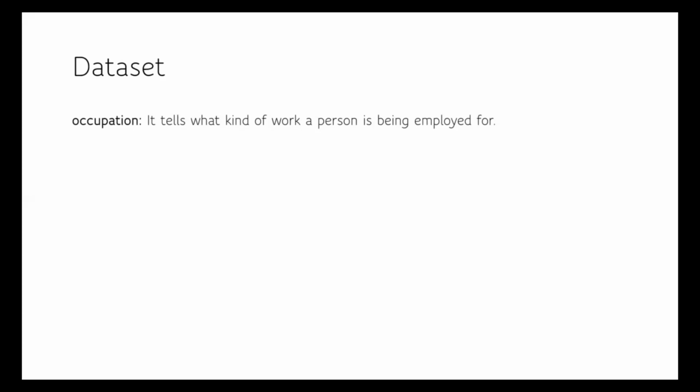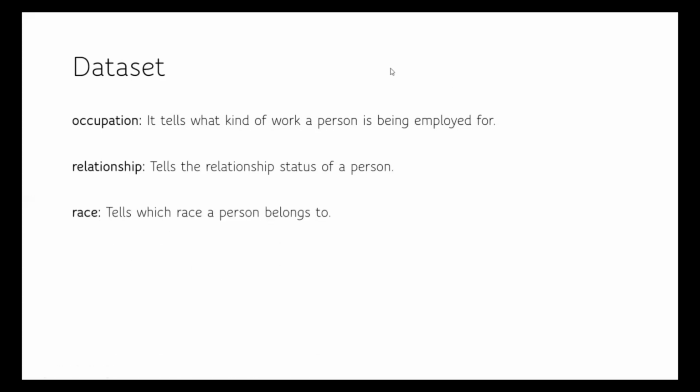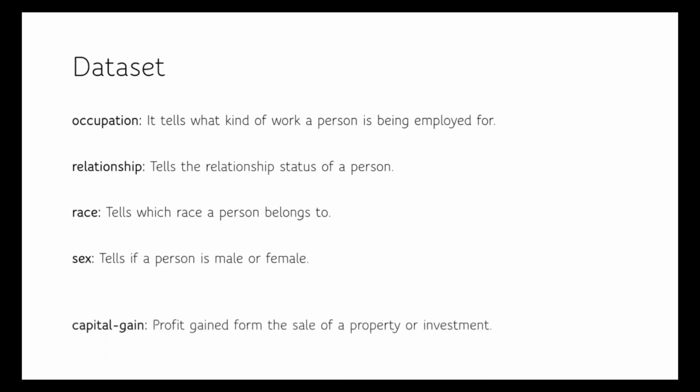Occupation column tells us what kind of work a person is employed in. Relationship tells us the relationship status of a person. The race tells us which race a person belongs to. Sex tells if a person is male or female.